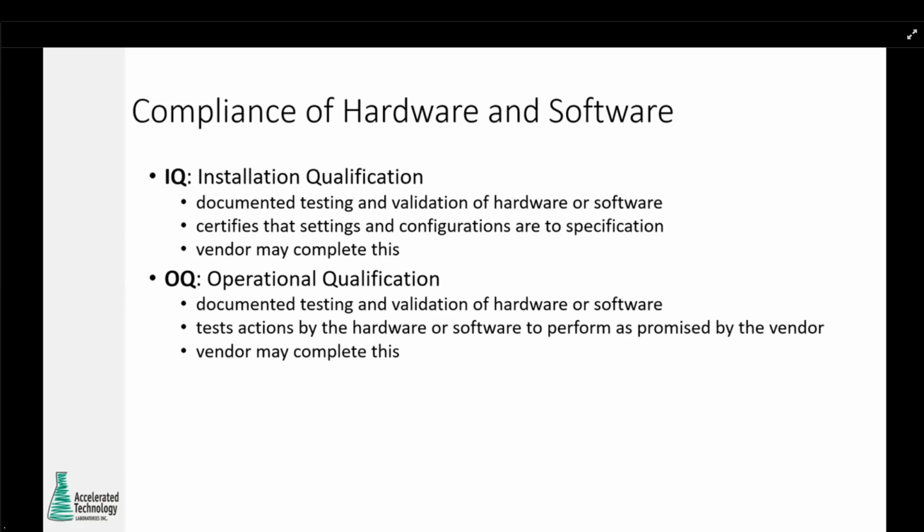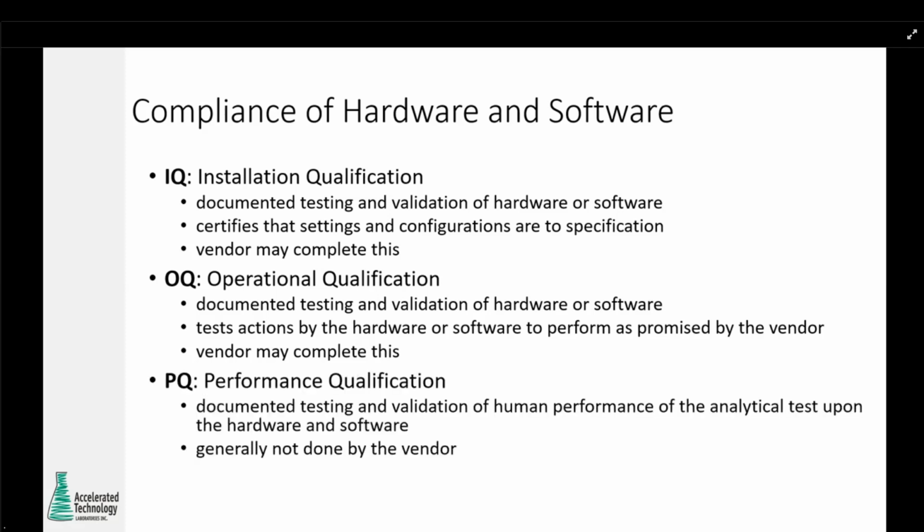This is basically the verification and validation of the hardware or software to perform as promised by the vendor. And finally, there's the PQ, or the performance qualification. This is documented testing and validation of the human performance of the analytical test upon the hardware and software. This is often completed by the laboratory team or a third-party validation expert.